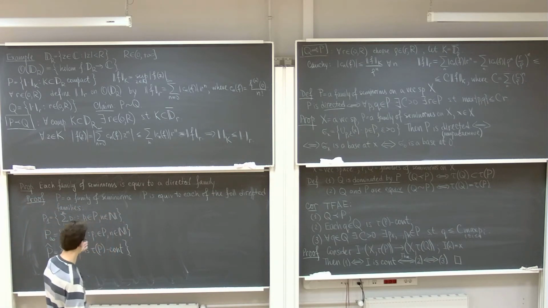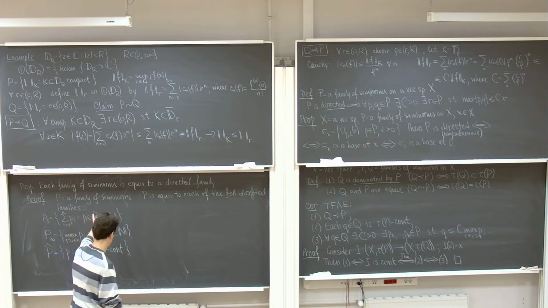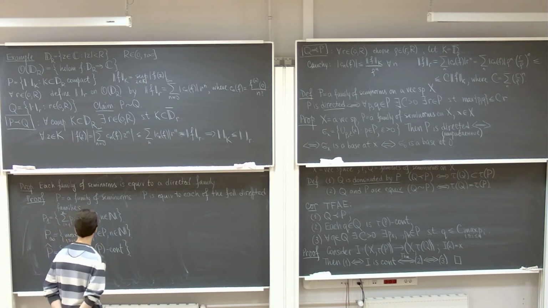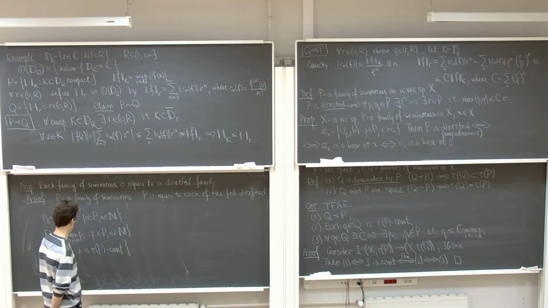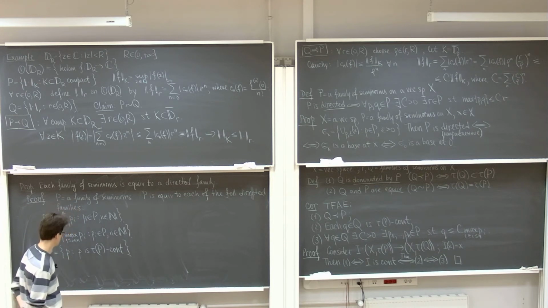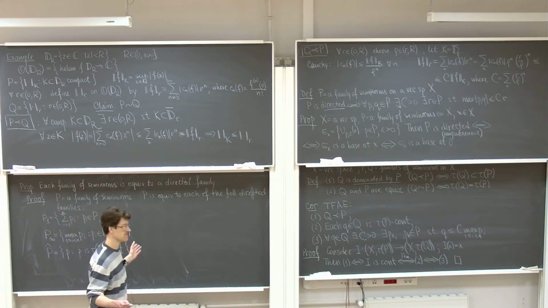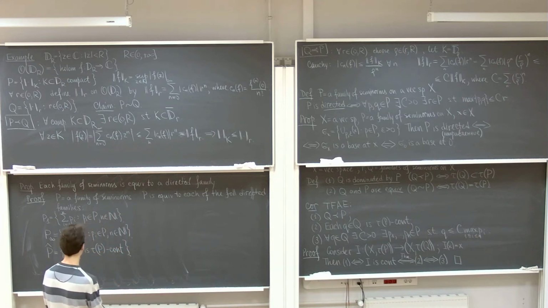And it's also clear that each of them is directed. This is closed with respect to finite maxima. This is also closed: if you have 2 continuous seminorms, then their maximum is also continuous. And the maximum of 2 such finite sums is less than or equal to their sum. So this is also directed.